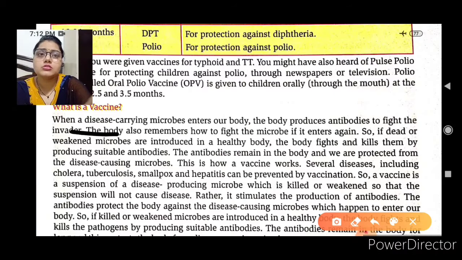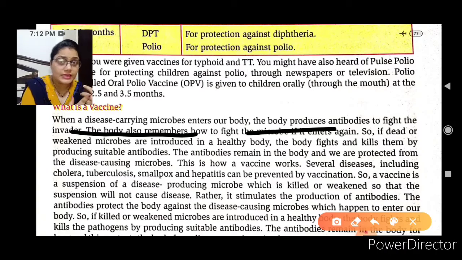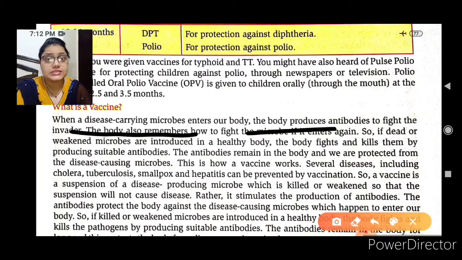The body also remembers how to fight the microbes if they enter again. Suppose once they entered the body of a child or any person, antibodies were created to fight against them. If they enter again, the antibodies know how to fight them.